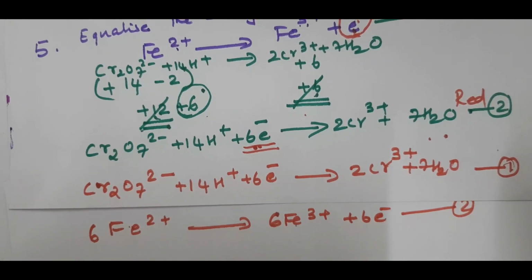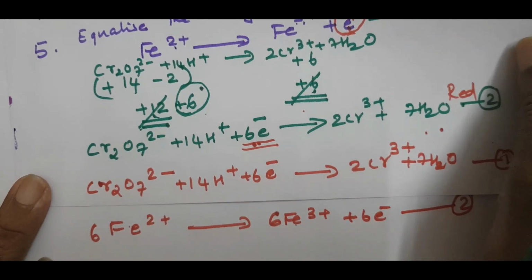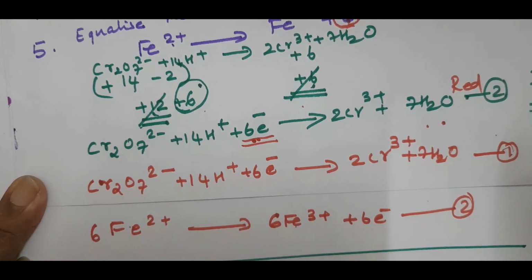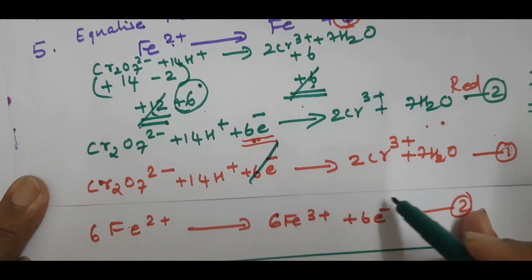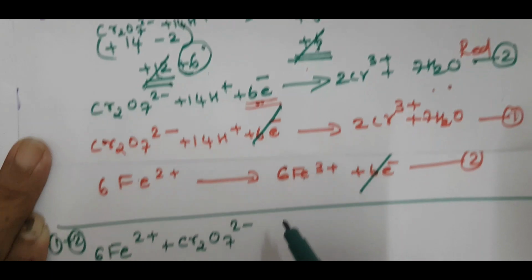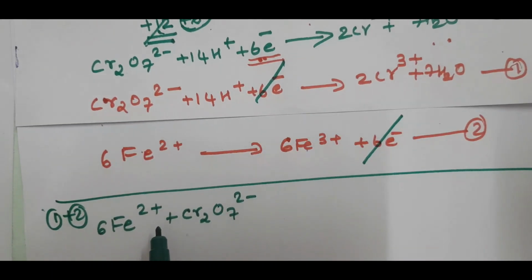Now what you have to do is add the two equations and cancel the electrons on each side, which will give you the net ionic equation. Add 1 plus 2. So the 6 electrons and the 6 electrons cancel.